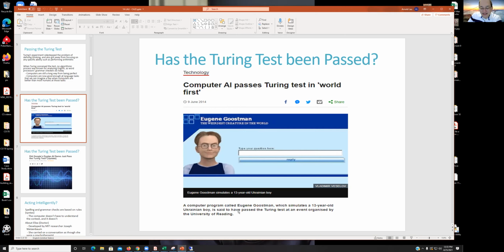I think maybe there's still some debate on it, but at the end of the day, they're kind of passing this off as not really passing the Turing test, because they put this caveat there saying it's a 13-year-old Ukrainian boy. I guess they do that to try to limit the scope, right? But the Turing test, in this case, although there's still debate, I would just say probably not, right?